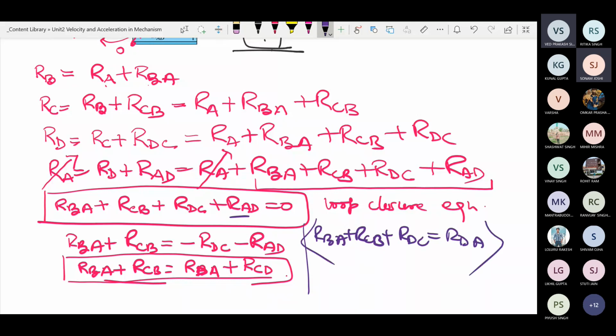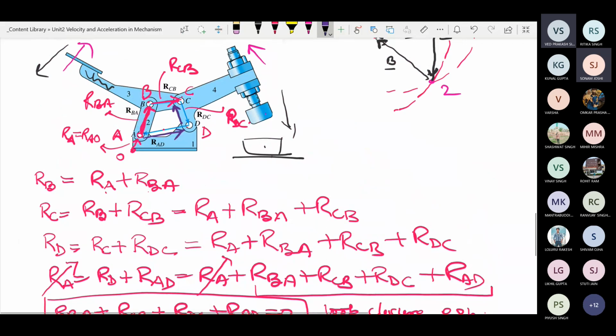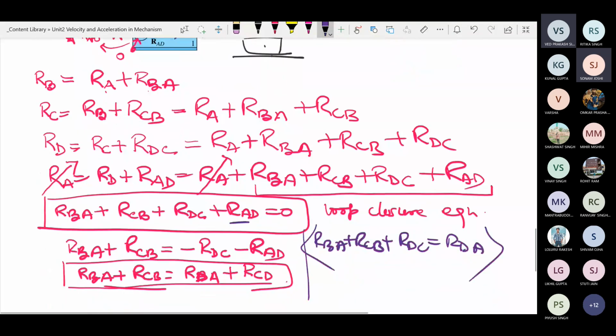This is also true. You started from point A, B, C and D. You came to D from one path and another path is directly to D. So they are supposed to be equal. So this is the loop closure equation for this particular mechanism. Now if you want to talk about the velocity, simply you have to differentiate this equation with respect to something.